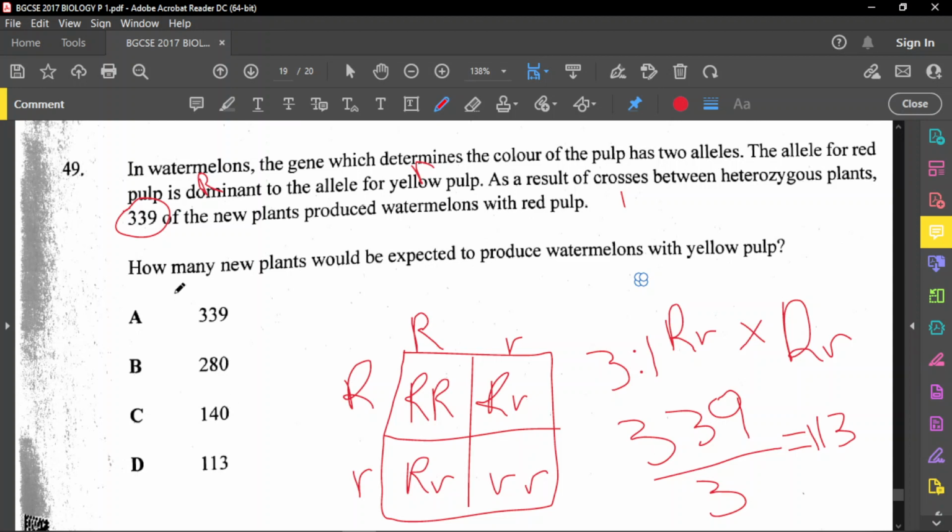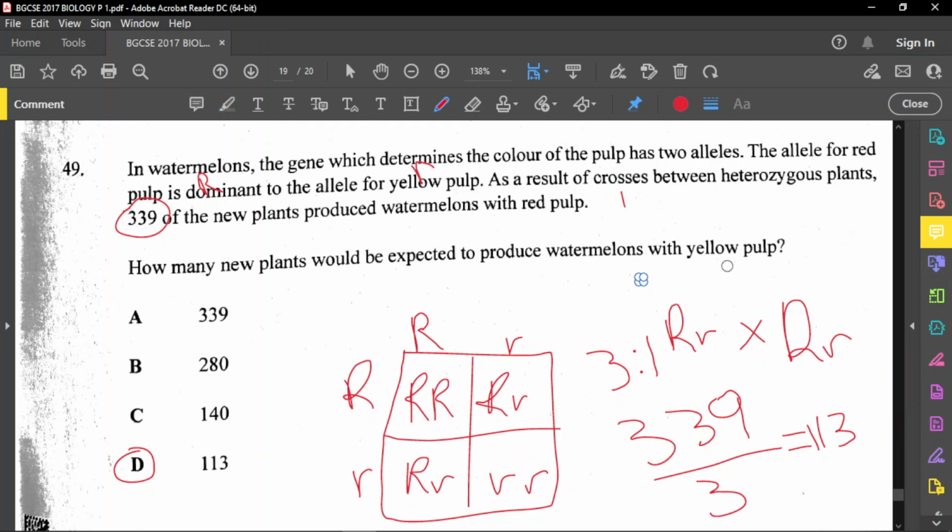So A and B will be out of the question, because it's not a 1-to-1 ratio. B is way more than half, so it doesn't make sense. C is kind of close, but it's still a little bit close to half, so you're not going to even look at that. So this is the lowest number, that is almost 1/3 of this number. So you know for sure that D is the answer, just without a calculator.